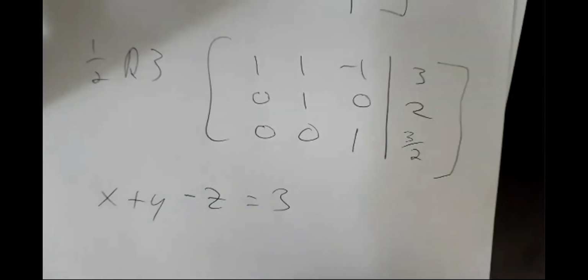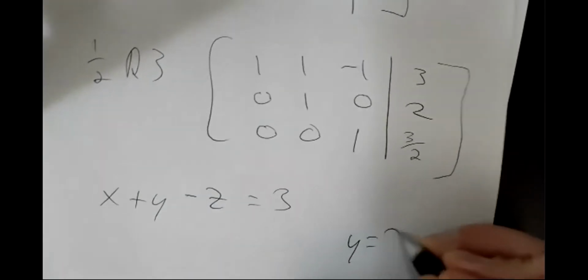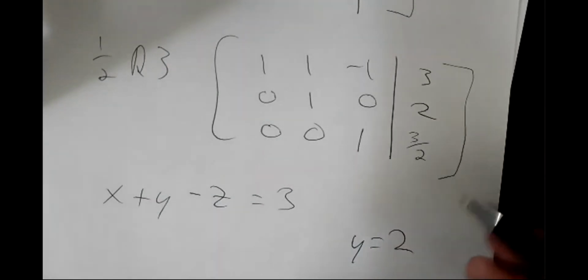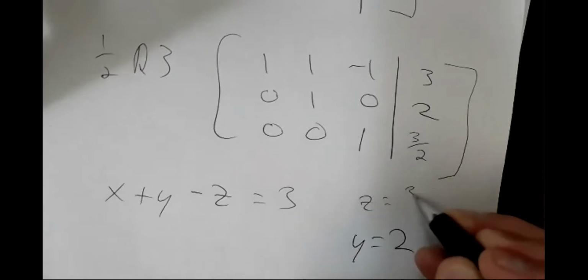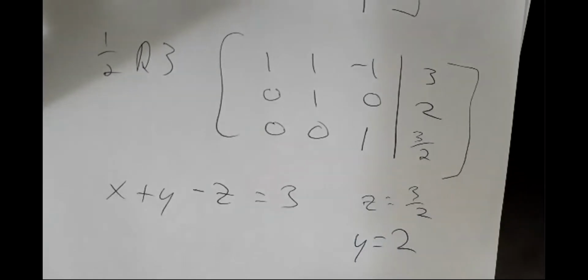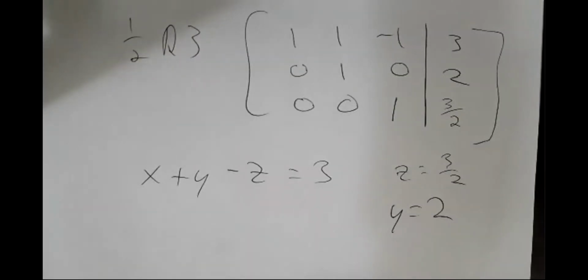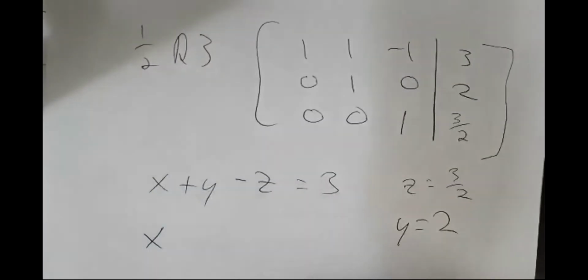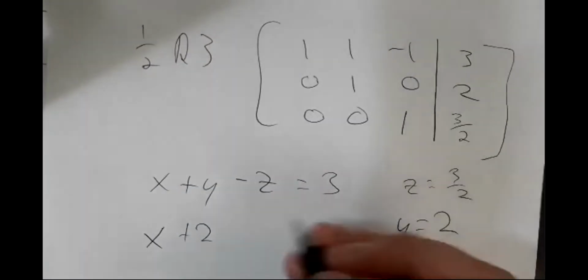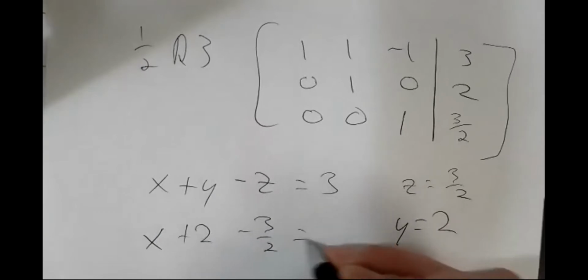Y equals 2. Yep. And then this next one gives me what? Z is 3 halves. So we're almost there. We just have to plug these in and solve for x, right? So x plus 2 minus 3 halves is equal to 3.